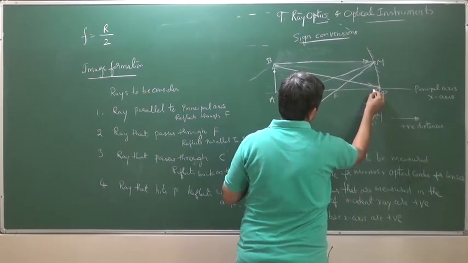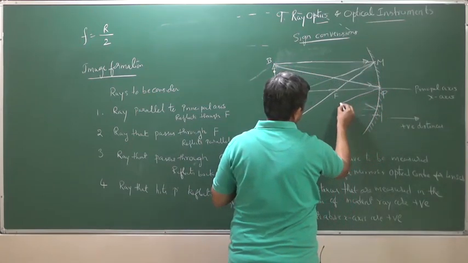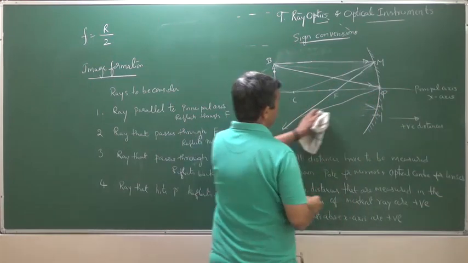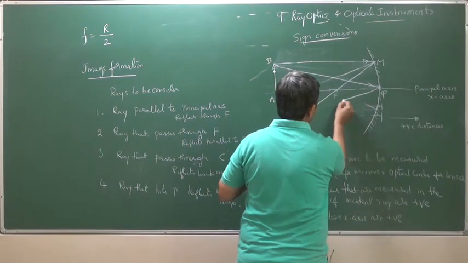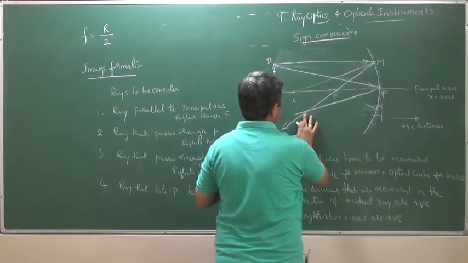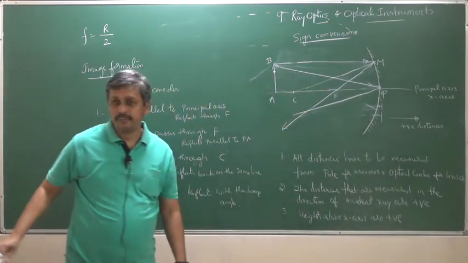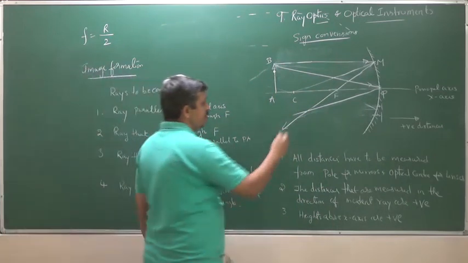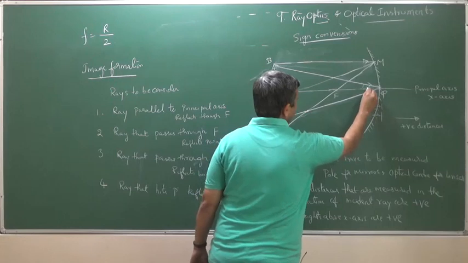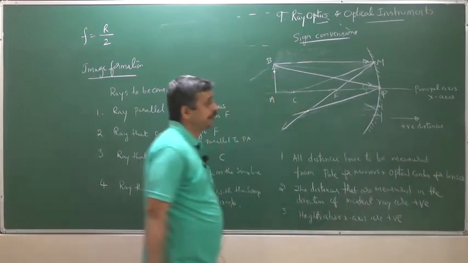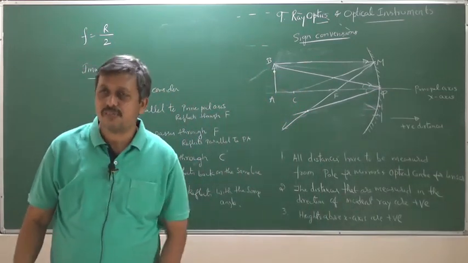That reflects with the same angle, like this. That reflects with the same angle. This angle and this angle are the same. So these are the 4 rules.